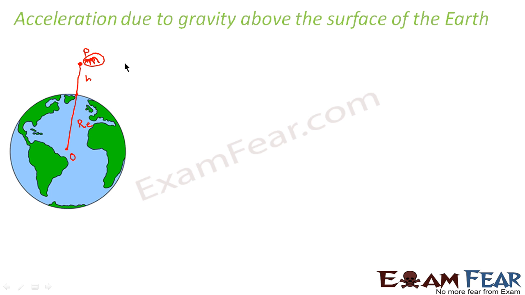Fine. Now, here also let us try to calculate the force of gravitation between this object m and the Earth. The force of gravitation on this object m due to Earth will be capital G m1 m2 divided by r square. What is r? It is the distance between the two objects, that means the distance of this object m from Earth. That distance is Re plus h, so this would be G M E m divided by Re plus h whole square.